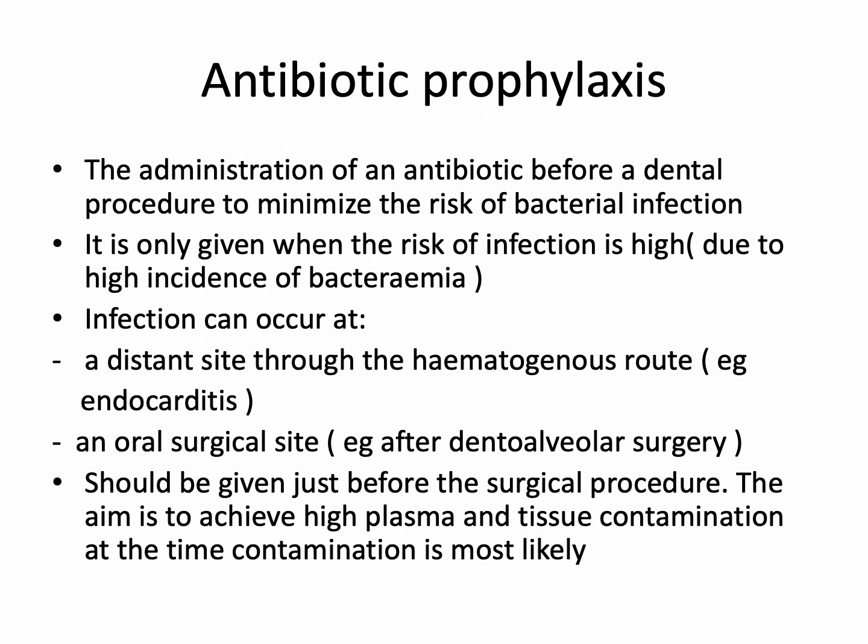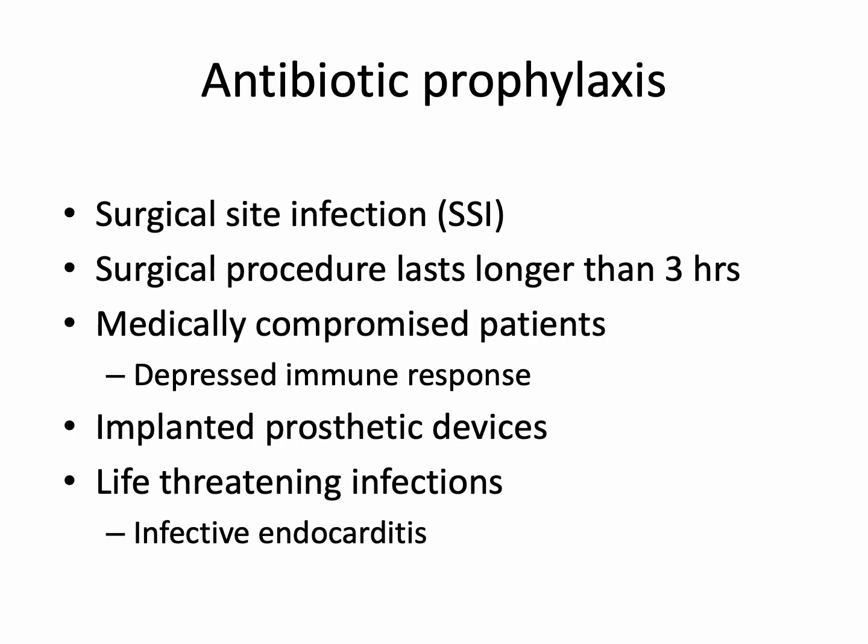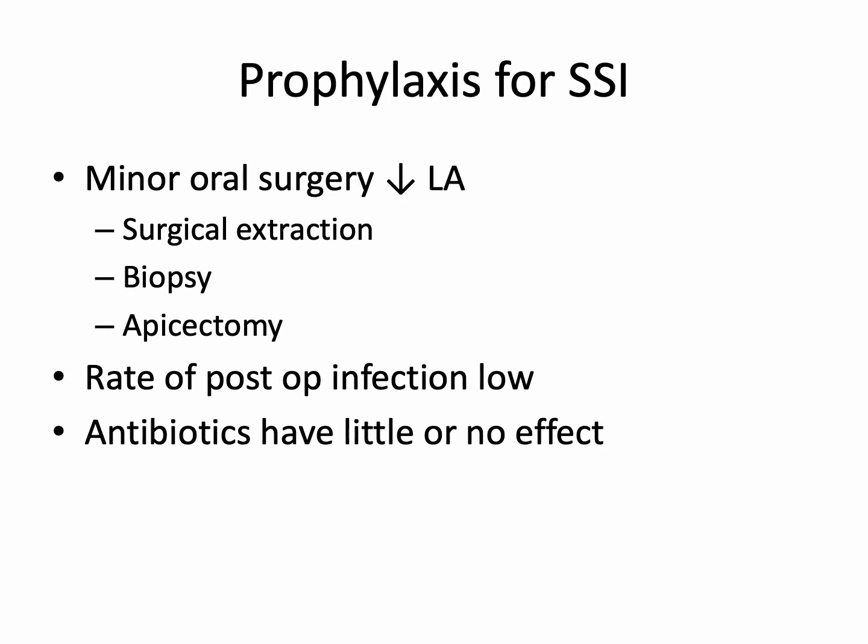Antibiotic prophylaxis should be given just before the surgical procedure. The aim is to achieve high plasma and tissue concentration at the time contamination is more likely. Antibiotic prophylaxis is indicated for surgical site infection, for surgical procedures that last longer than 3 hours, in medically compromised patients, those with implanted prosthetic devices, and for those with life-threatening infection, for example, infective endocarditis.